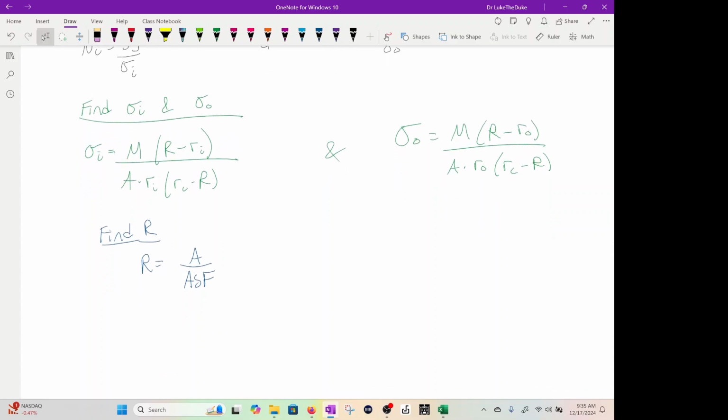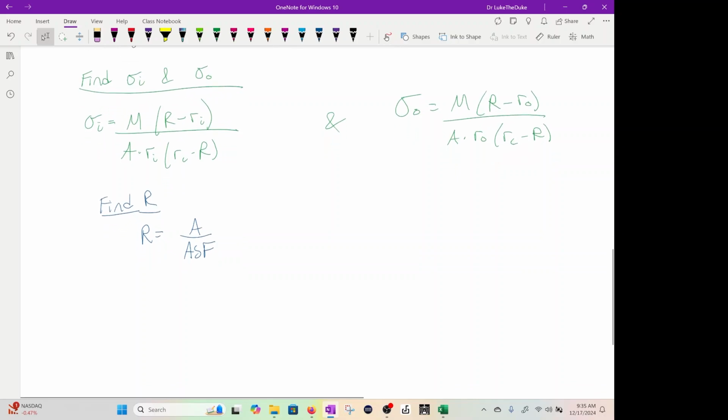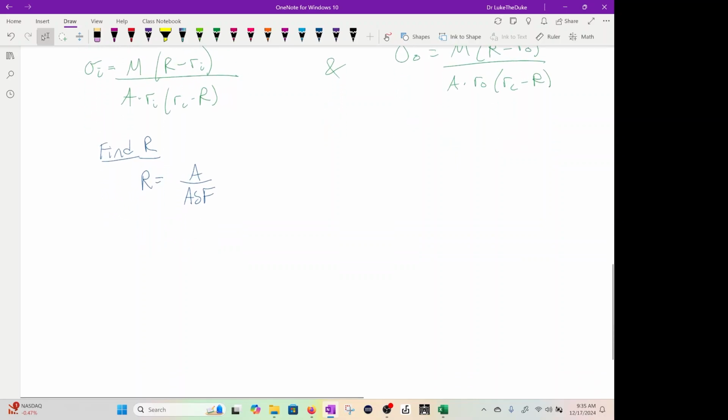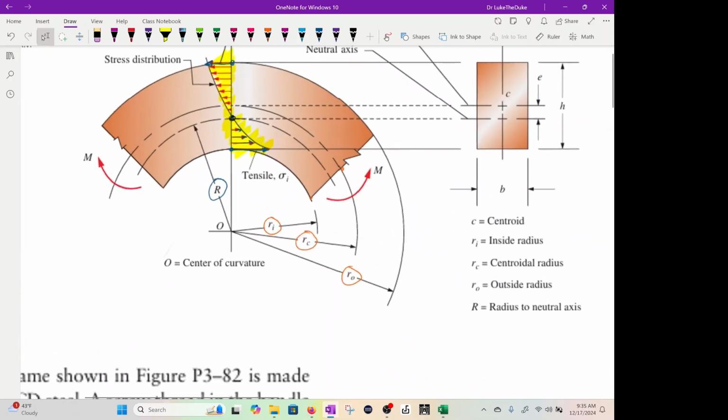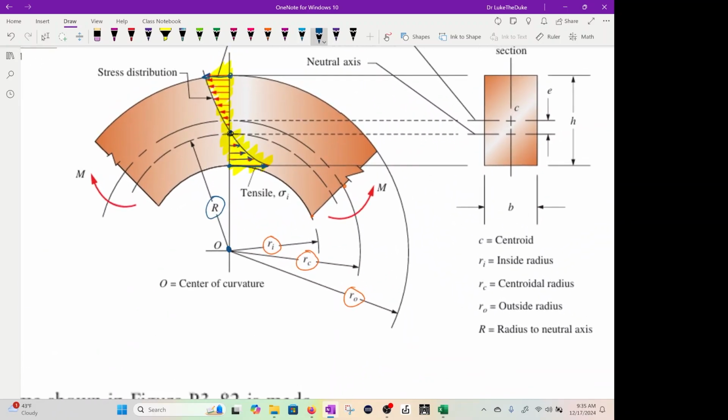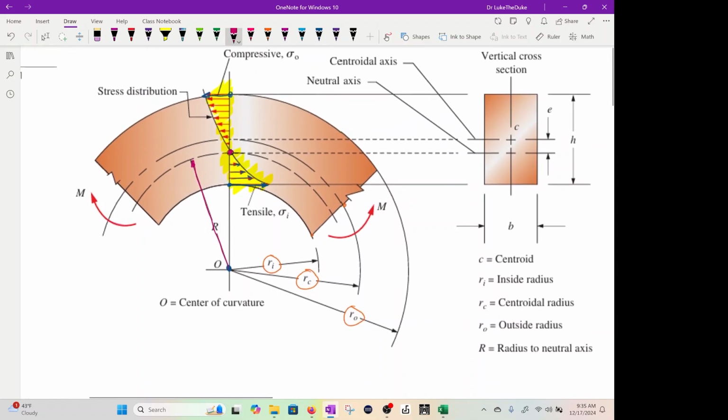Again, this is an equation that you will see in the book as you read. And this R is that radius right here that is located right at the neutral axis.